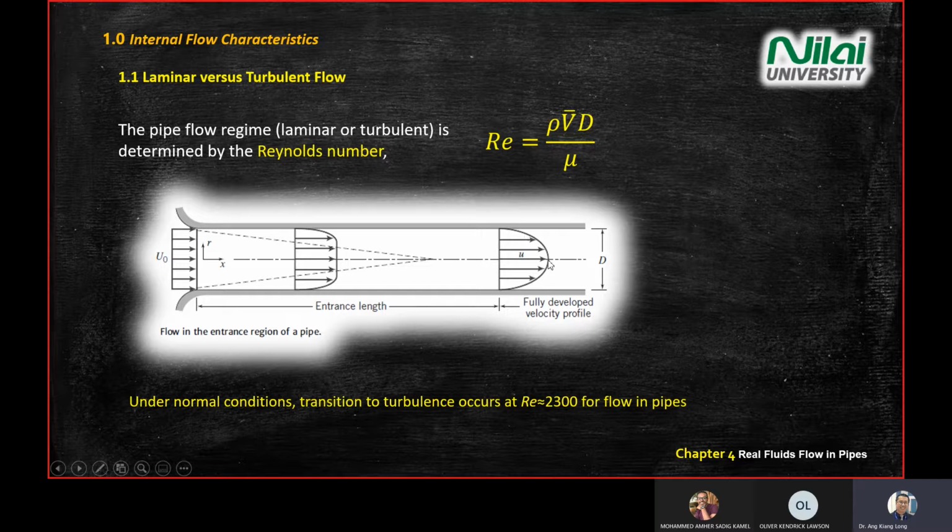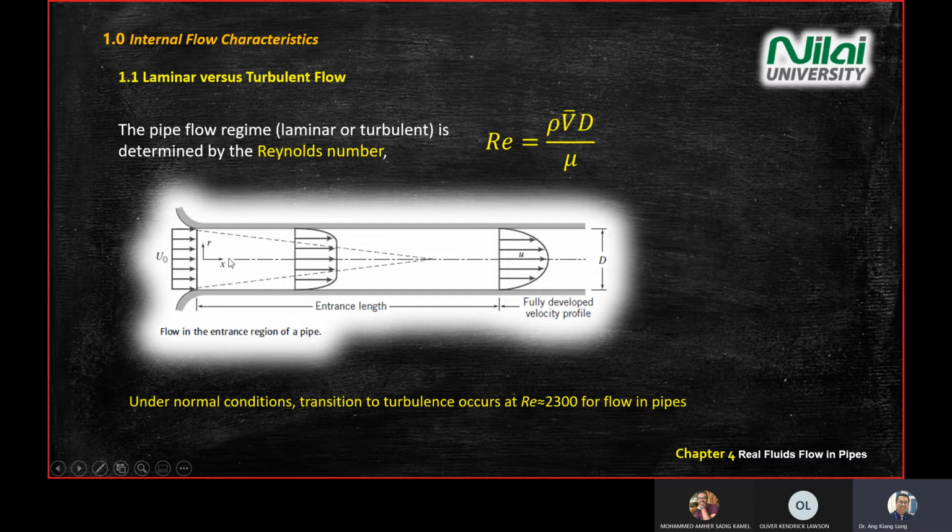You will get a parabolic profile. In a later section, we are going to develop an equation to define this parabolic shape. You will see this diagram many times, and we're going to define this shape later on.